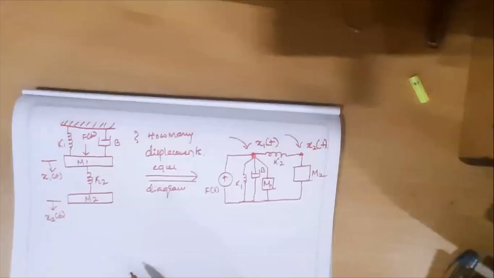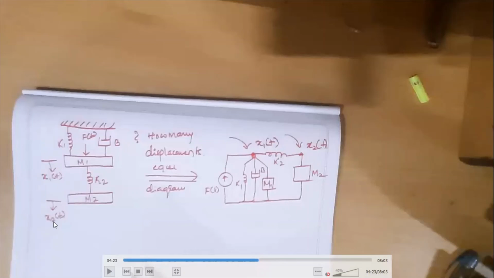We just assume that the relative displacement of k2 is the difference between x1 and x2. Even the usage of the word difference is not the right word. We just refer to the displacement of k2 as a relative displacement. That's enough. But how to represent k2 in the equivalent diagram? Obviously between these two nodes.